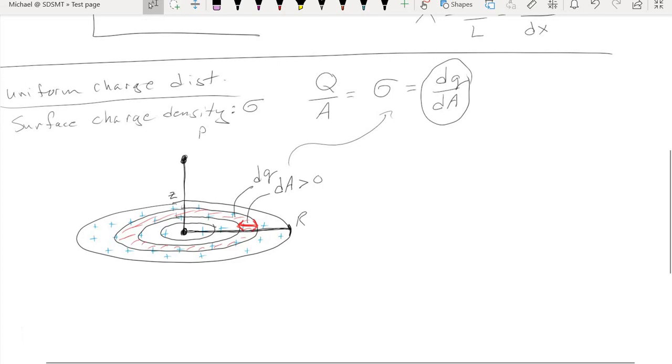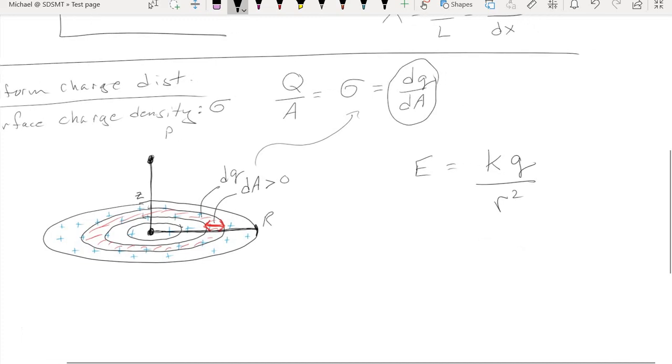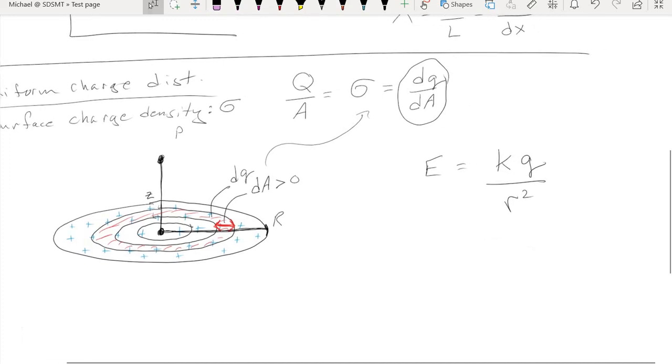All right. Next, we need to go back to our default expression for electric field magnitude. So we're going to start with our individual charge expression. And since we're once again using infinitesimal amounts of charge, each infinitesimal charge will produce an infinitesimal amount of field.